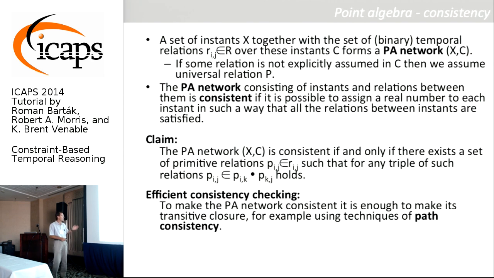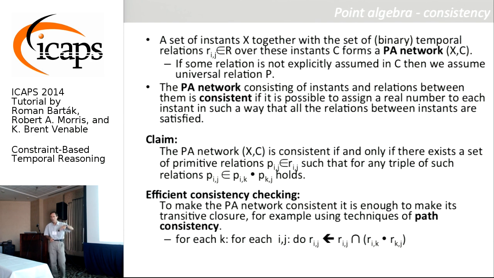And this procedure is basically based on path consistency, meaning we will repeat this operation until something is changing in the network. So we take all triples of nodes and we combine them. So we take the information I, K, K, J. Using the composition, we deduce something and we make an intersection with the original relation between I and J. And if we deduce that there is some empty relation in the network, then the problem is not consistent.